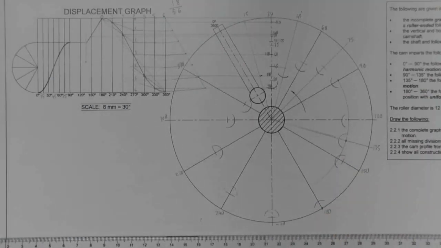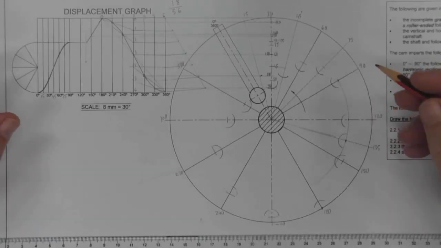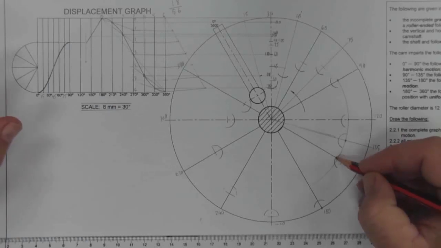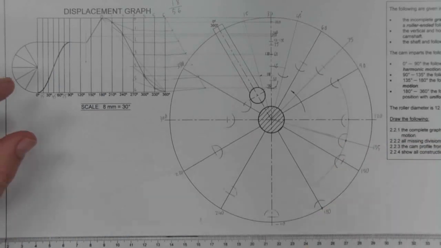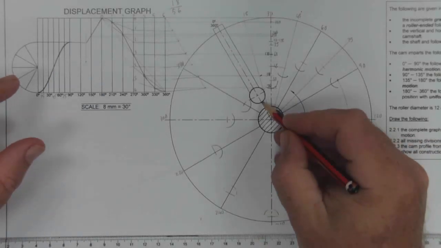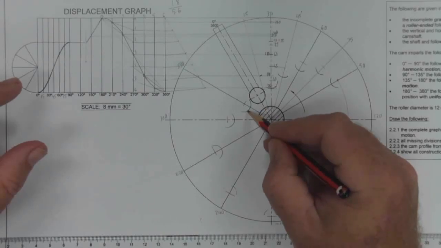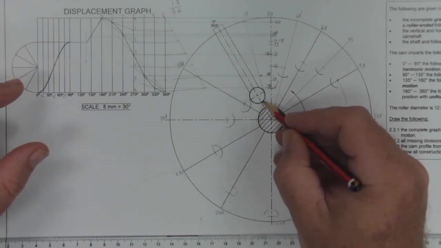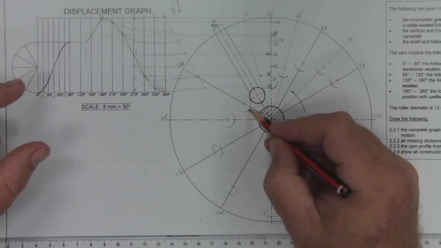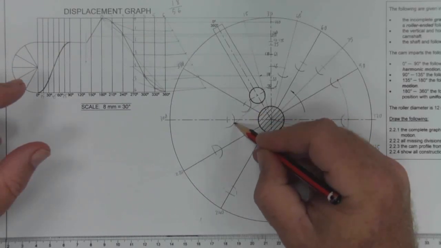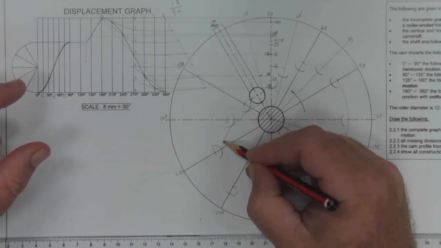Now with your flexi curve or French curve, you want to go and draw tangents to these circles. Remember, it's not necessarily at this point where you will find your tangent. So if I look here, particularly here, that's where the edge of that circle is, so that's not going at the exact division.